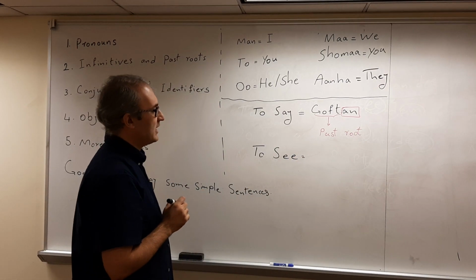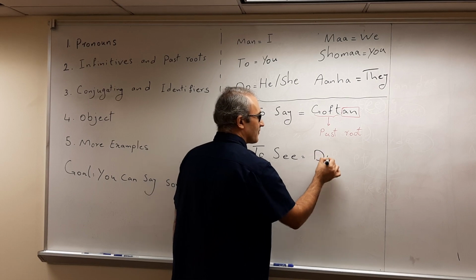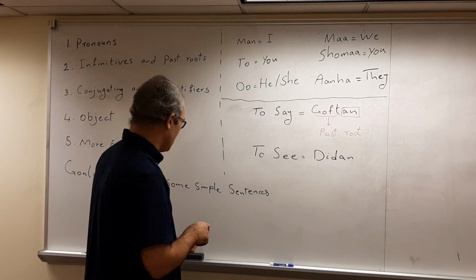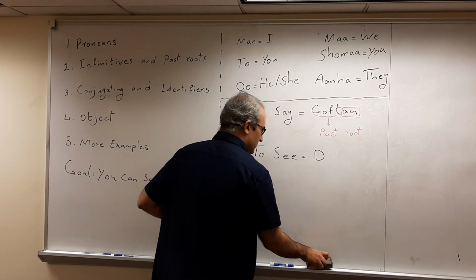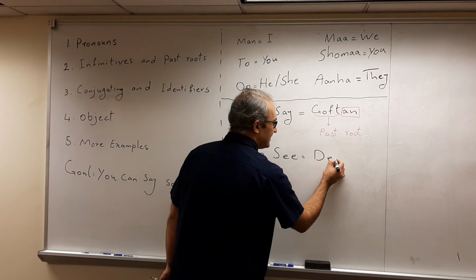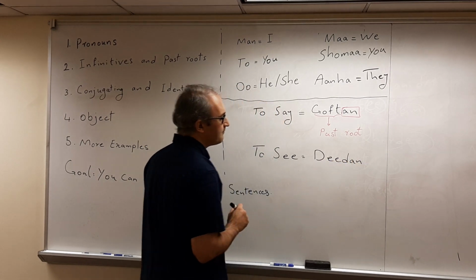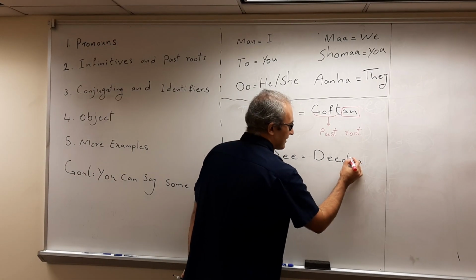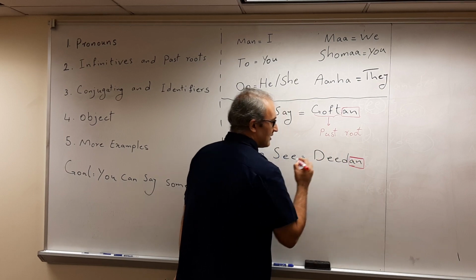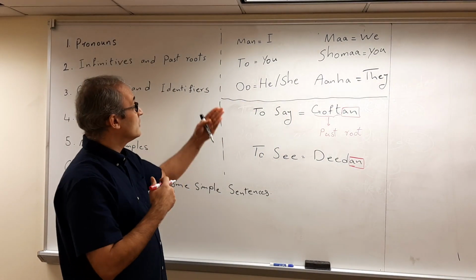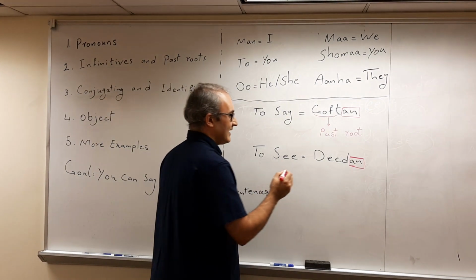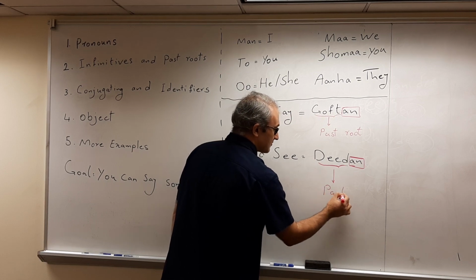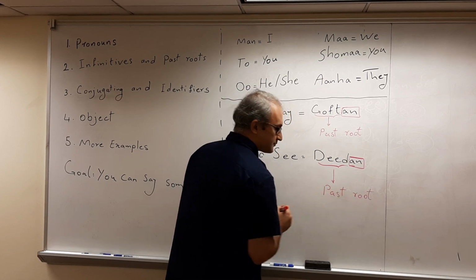To see in Farsi is دیدن. Maybe I better write with double E instead of I. دیدن, to see. Again, an is the identifier for an infinitive, and deed is the past root. Okay?